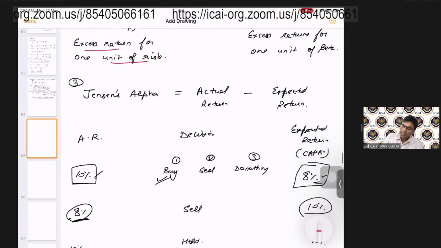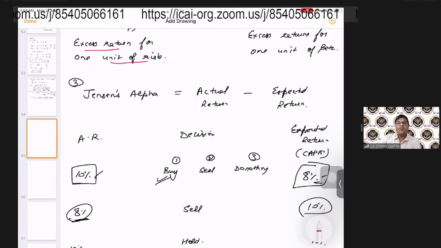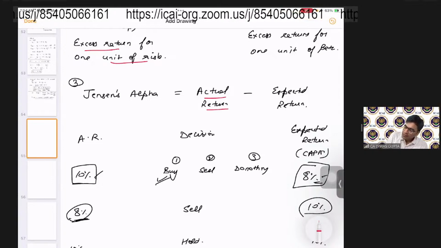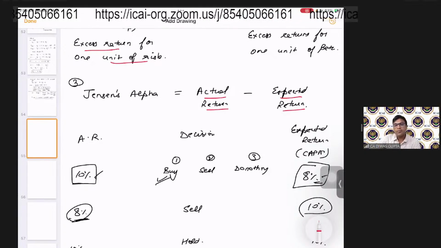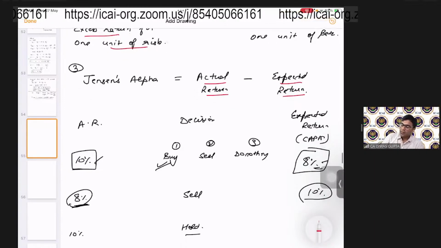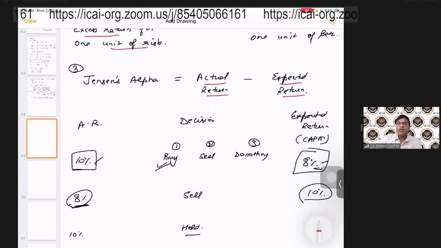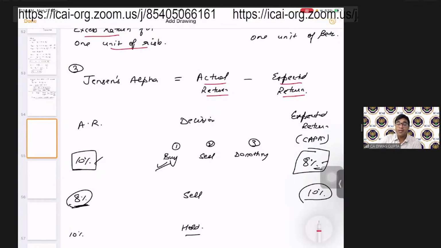Then let's come to Jensen's alpha. In Jensen's alpha, we calculate the actual return vis-a-vis the expected return. Expected return is what we would have expected basis our CAPM or basis our beta, basis the risk premium.